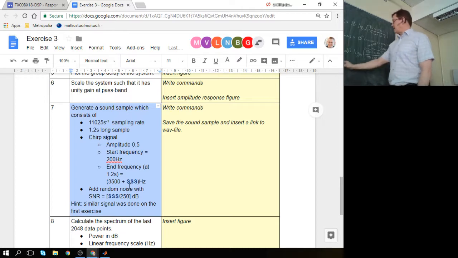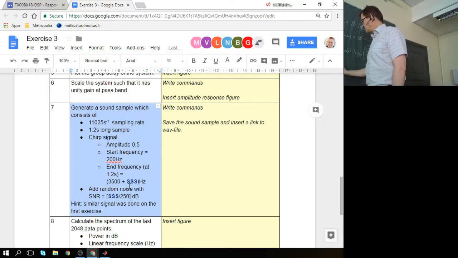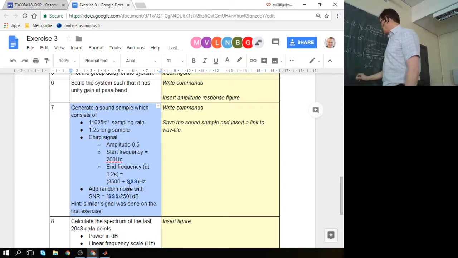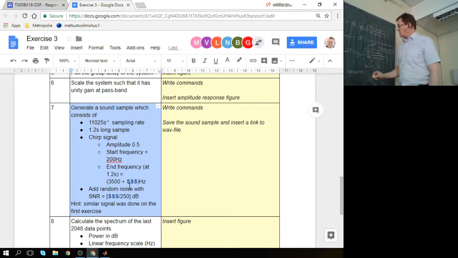And then when you generate the noise, you basically multiply the random numbers given by that generator, which is the randn, by the size of the signal.